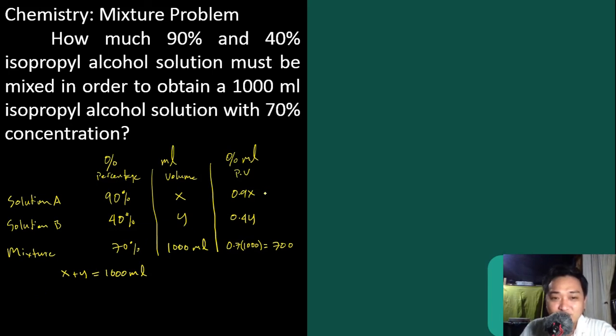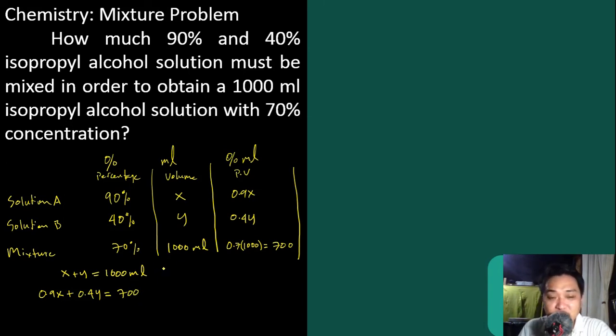We have here, ito naman, 0.9 X plus 0.4 Y is equivalent to 0.7 times 1,000, that is 700. Okay.